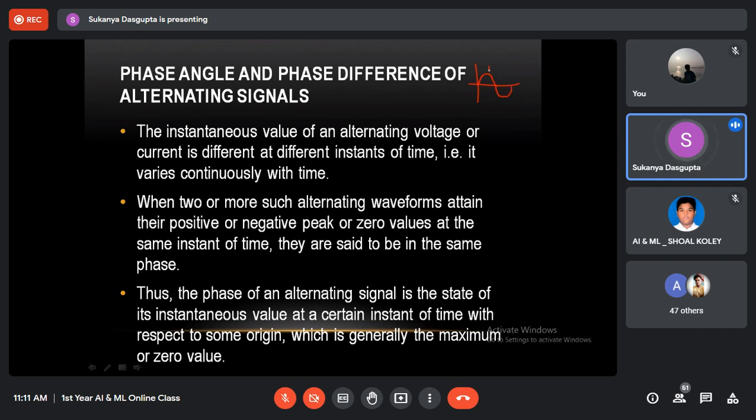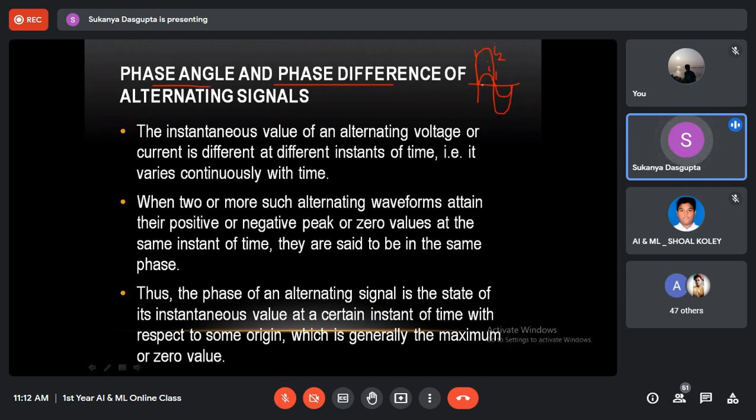This is the signal I1, and this is another current signal, which is I2. Now this I1 and I2 are just superimposed on each other. There may be any other relationship between I1 and I2. Now, how to differentiate these two current signals present in one circuit? How to identify the current signals? For that, phase difference and phase angle quantities are required.